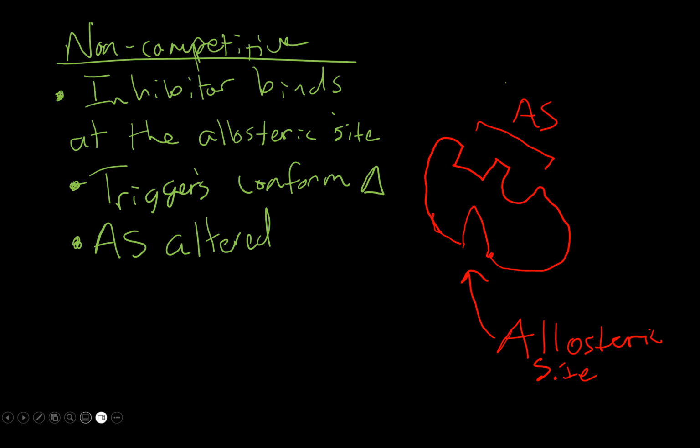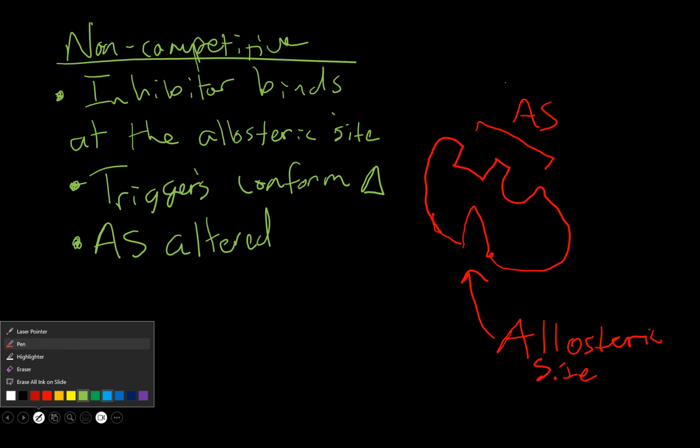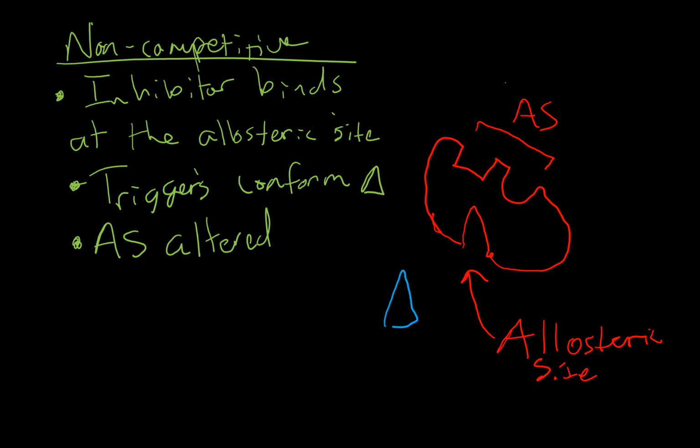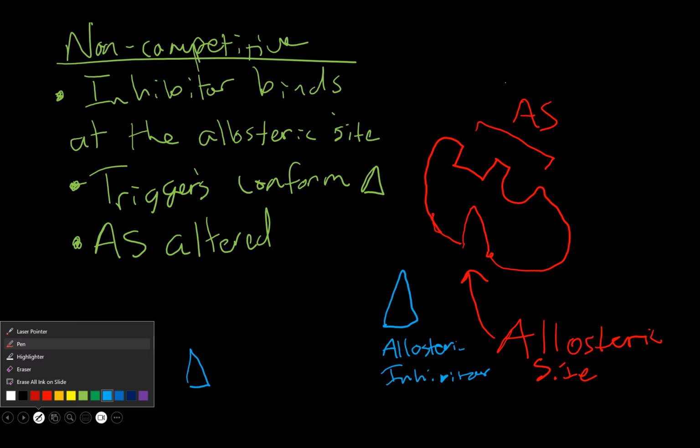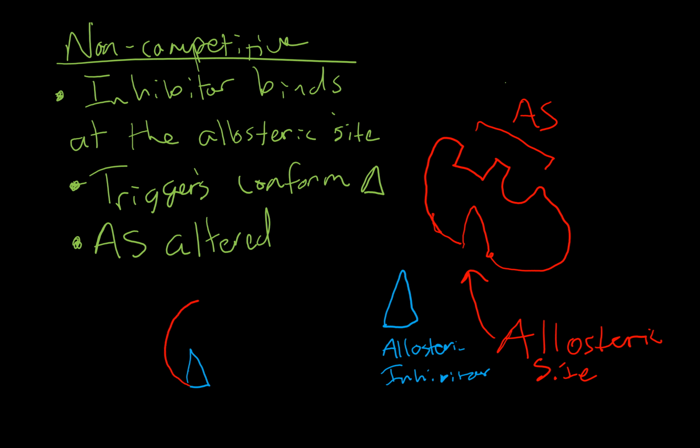So that's my allosteric site. Here's my allosteric inhibitor. And when that allosteric inhibitor binds to the allosteric site, the active site gets altered, and now my enzyme is completely inhibited.